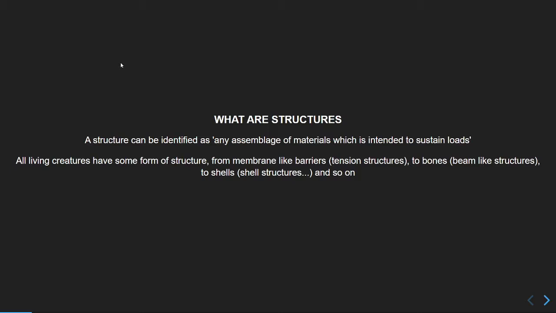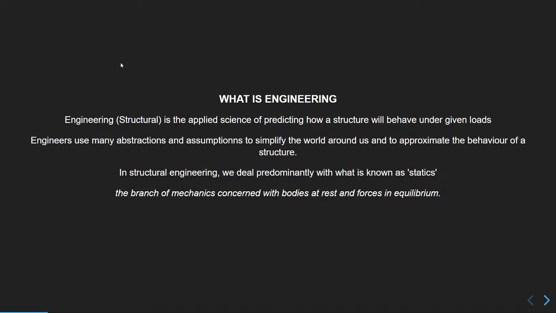Some of the stuff that we'll be looking at with structures is almost second nature to us normally, and it's really about sitting down and looking at things that we sort of take for granted and trying to understand them. So structural engineering in particular is the applied science of predicting how a structure will behave under given loads.